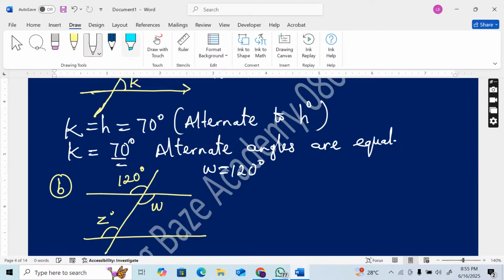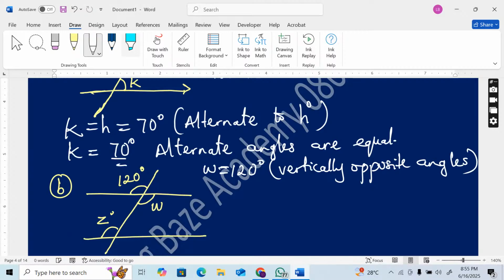This is because they are vertically opposite angles. I taught you vertically opposite angles in the last live general class. W and 120 degrees are angles that are formed when X is formed. They are angles that you find when the letter X is formed.